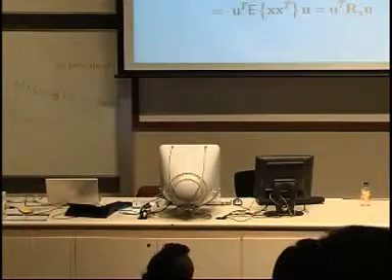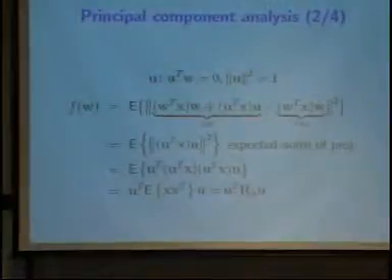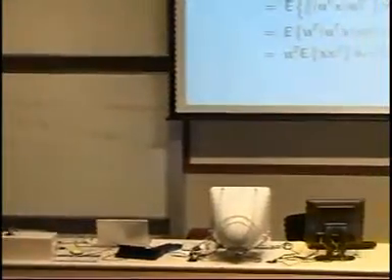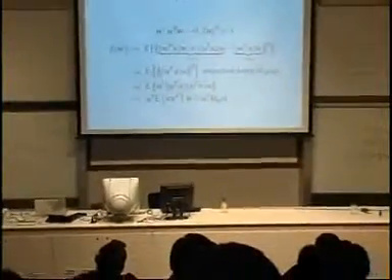So that this thing here is equal to x times u transpose times u transpose x, and then we commute those, x transpose times u, and then this thing will be multiplied by u. Right, yes.